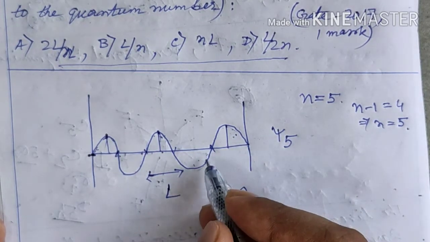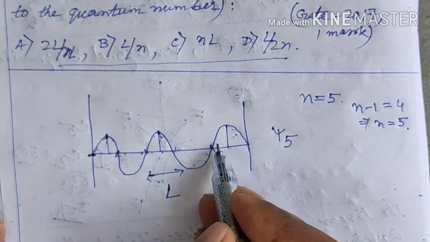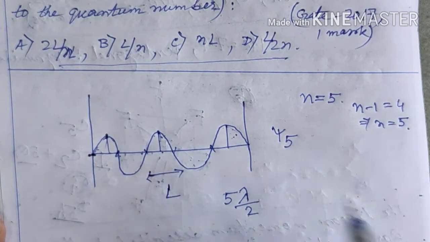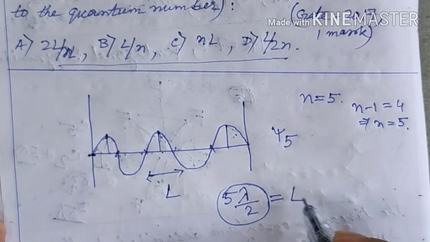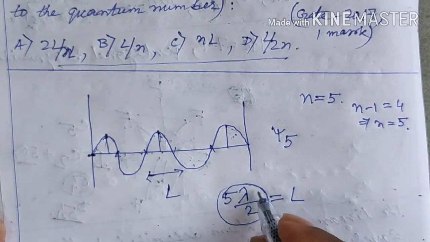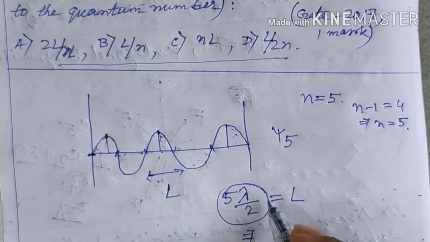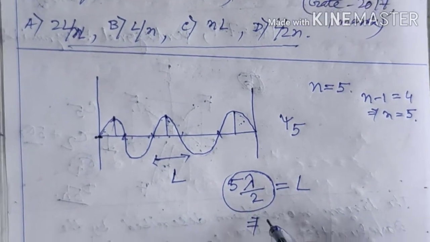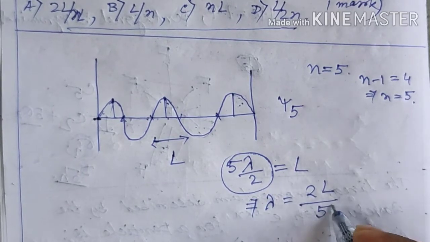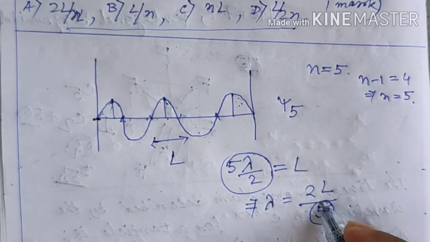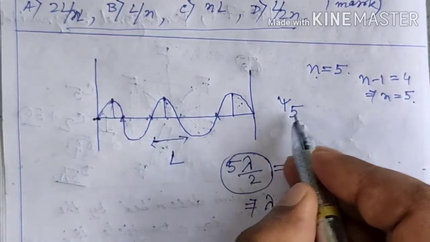That means there is 5 lambda by 2, 1, 2, 3, 4 and 5. This all are corresponding to lambda by 2, and so 5 lambda by 2, and this is equal to the length of the box. That means this, and we can calculate the lambda from here as lambda is equal to 2L divided by 5. Now 5 in this case corresponds to n, since this wave function is for psi 5.